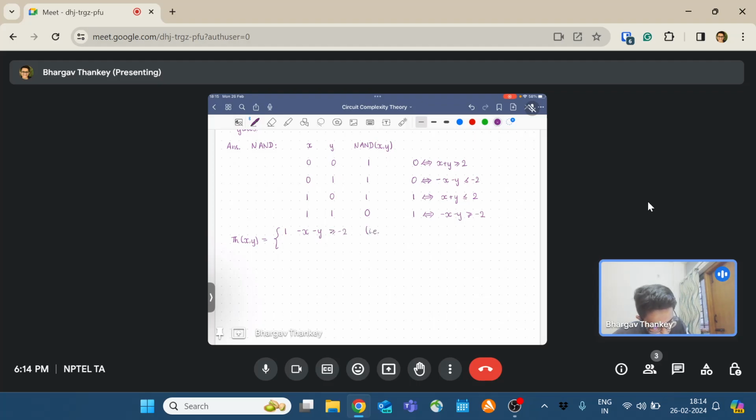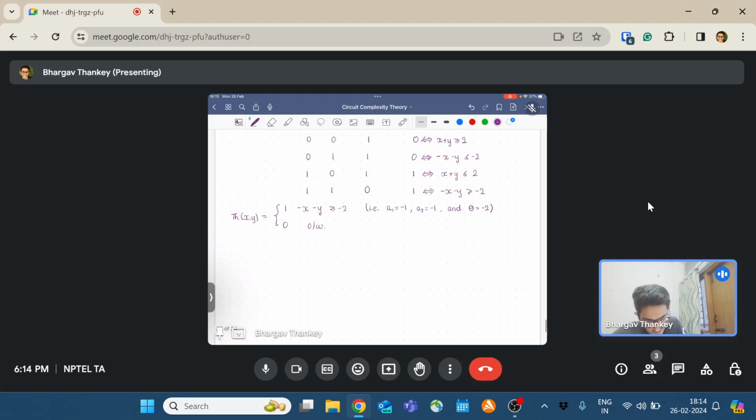That is, a1 is equal to minus 1, a2 is equal to minus 1, and theta is equal to minus 2, and 0 otherwise.